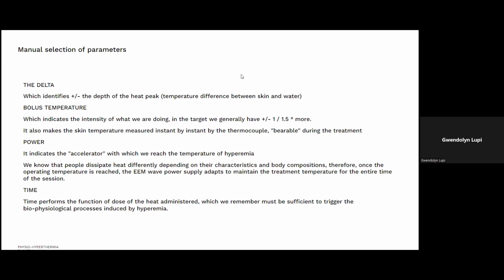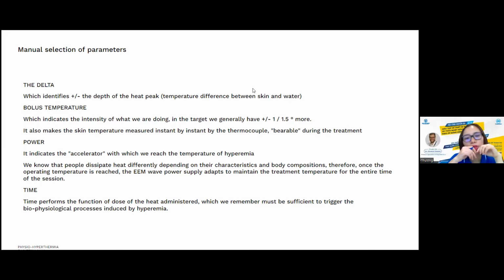What this machine does is, once the operating temperature needed is reached, the electrowave power supply adapts. The machine will just maintain these parameters. It will emit the necessary power needed to maintain them, not more than this and not less than this. Just what is needed.